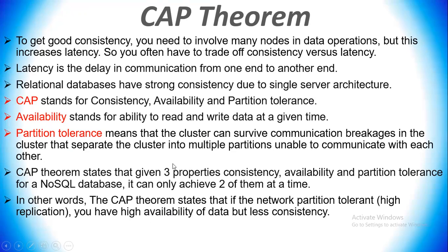So in replication, when the replication factor is high, the availability is high and the consistency is low. In sharding, when it is taken overall, the data is broken down and distributed everywhere.